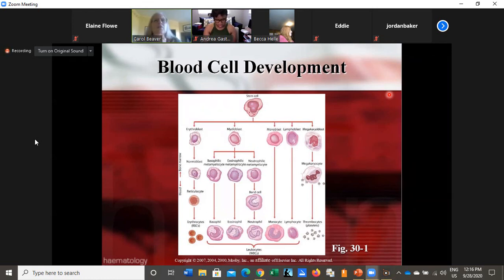I don't know if you talked about that much with the diabetes and all that kind of stuff. But anyway, the tissue hypoxia does stimulate the erythropoietin, and that's the stimulus for the red blood cell production.